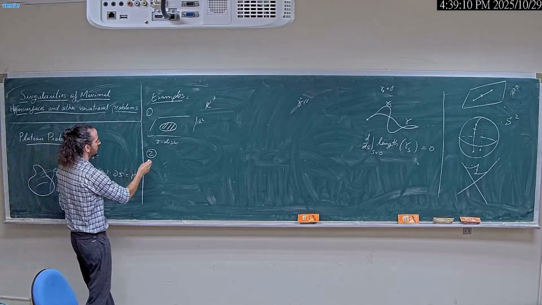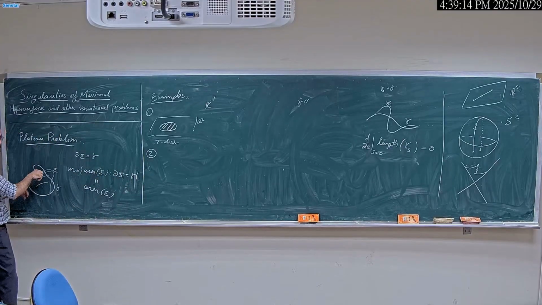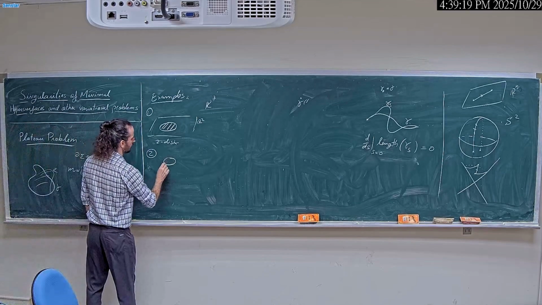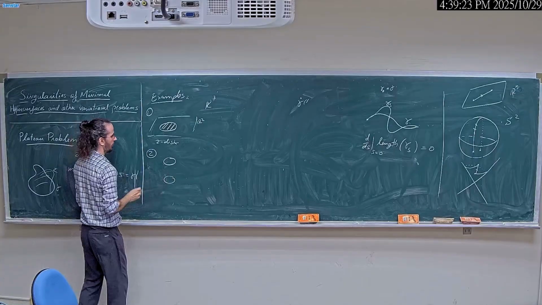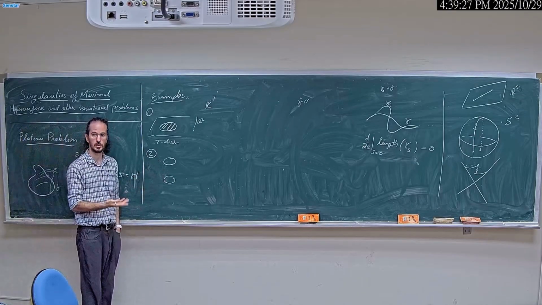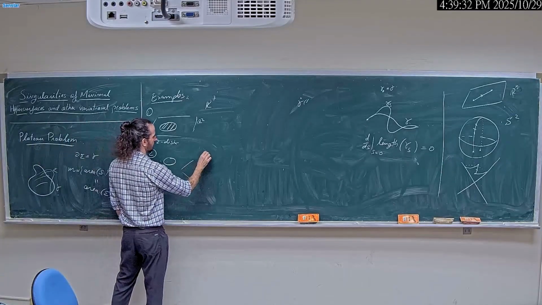What if I have two disks? This curve can be disconnected, right? I always draw them connected, but it could be just two curves. So say you have two curves, two circles. What is the least area surface whose boundary is the union of these two circles? So here, there's two situations.